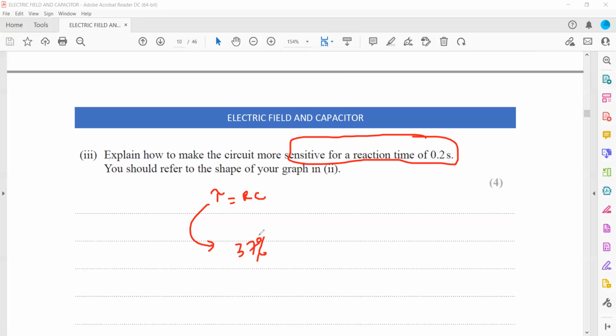Like when it has discharged to 37% of its original value. So when we check, the maximum voltage across the capacitor is 6. What is 37% of 6? So it will be 37 times 6 divided by 100, which is about 2.2 volts.